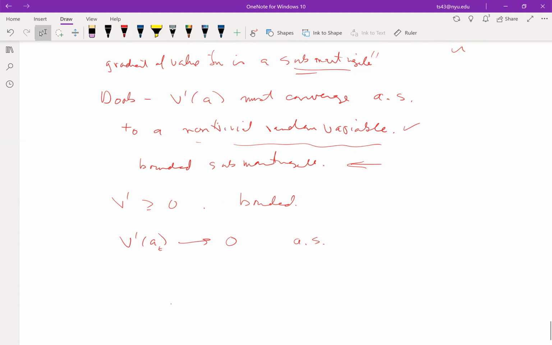But what that means is that a_t is going to diverge to plus infinity, and consumption is going to diverge to plus infinity almost surely.